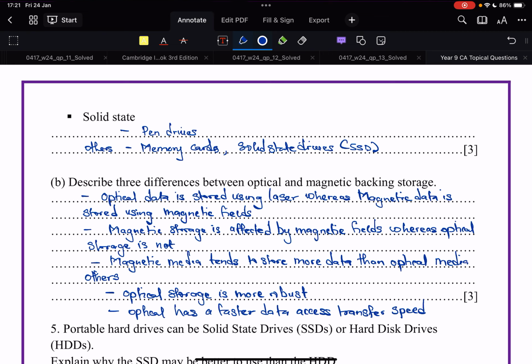Hope that is clear. So we talked about the fact that optical storage is more robust, which simply means that even if you drop it on the floor, it doesn't get damaged like the magnetic. And yes, optical does have a faster access time and transfer rate.